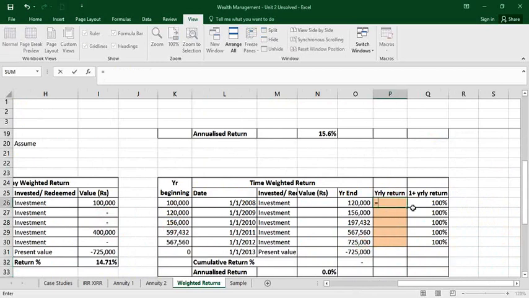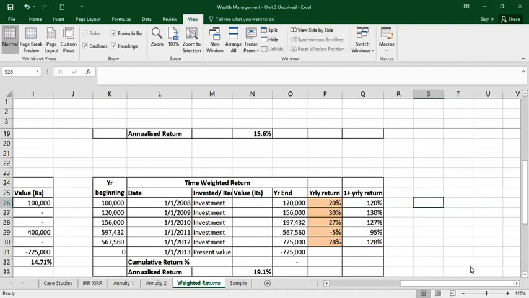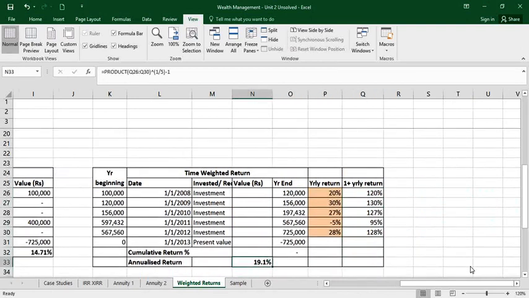Can I calculate the yearly return? That's A minus B divided by B, and I can calculate all these 5 here. Once I've calculated all these 5, I can calculate the numbers that are available here. Based on the numbers that are available here, we get the annualized return as 19.1% on this, right?